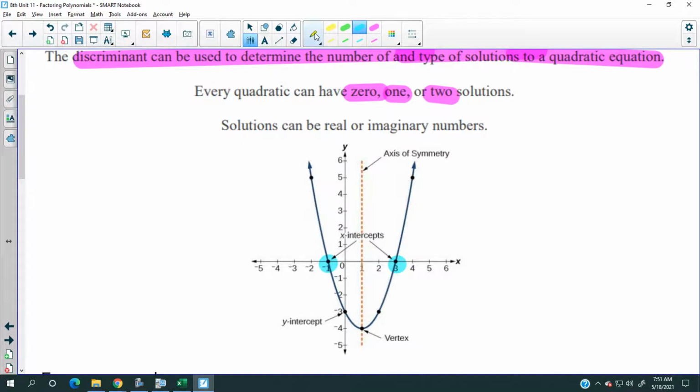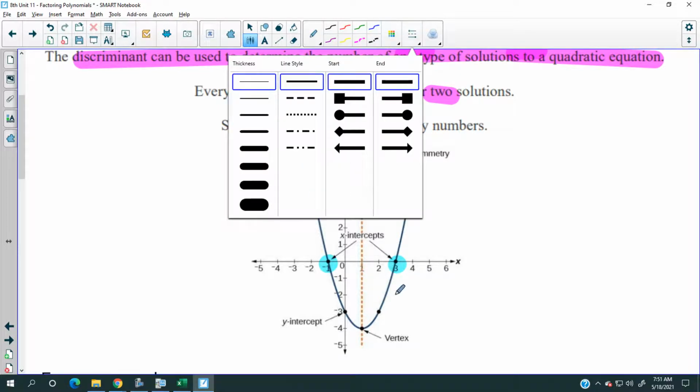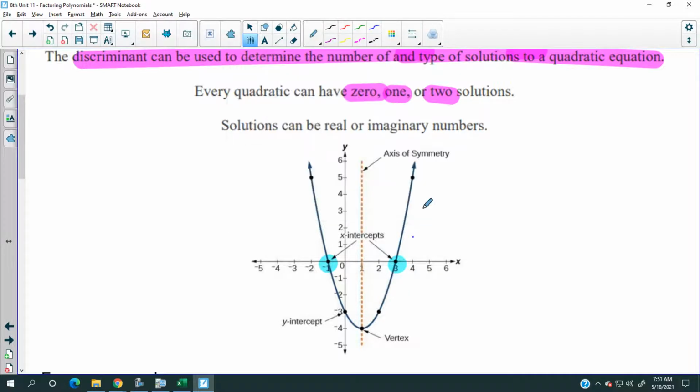If you were to factor this, and again, the equation is not going to be accurate because I'm doing this on the fly, you would get something like x minus 3 and x plus 1. Then I FOIL it: x squared minus 2x minus 3. I believe that this is it.